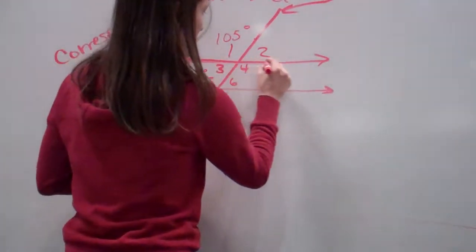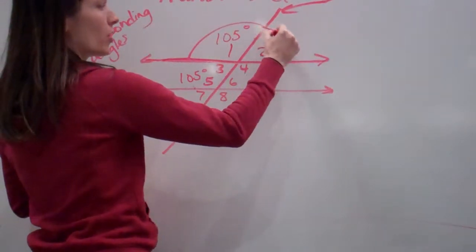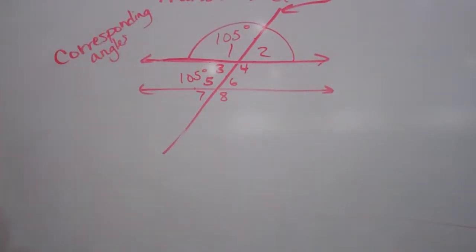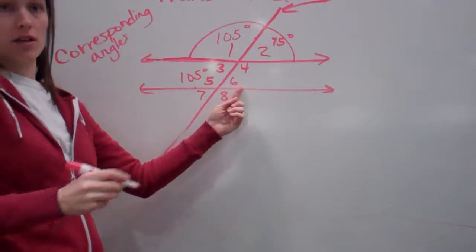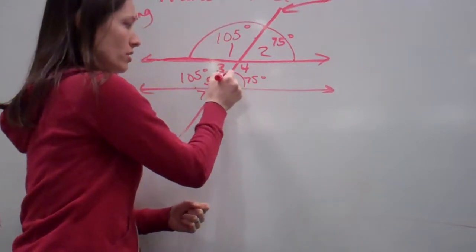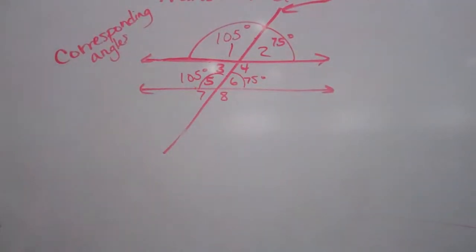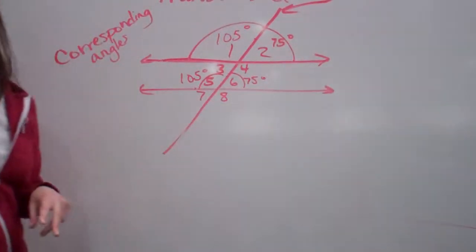They are 180 degrees. So if this is 105, what would 2 become? 75. So what would 6 be? 75. Does everybody see how that works? The corresponding angles have the exact same measurement as long as these two lines are parallel.